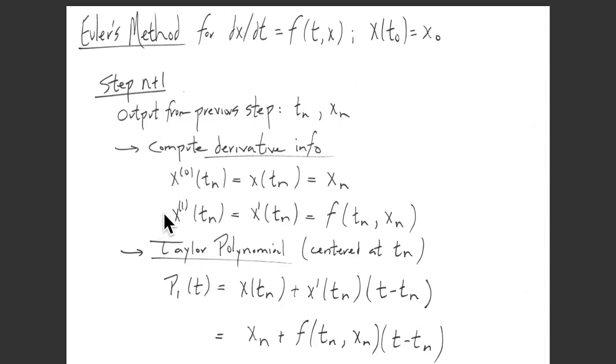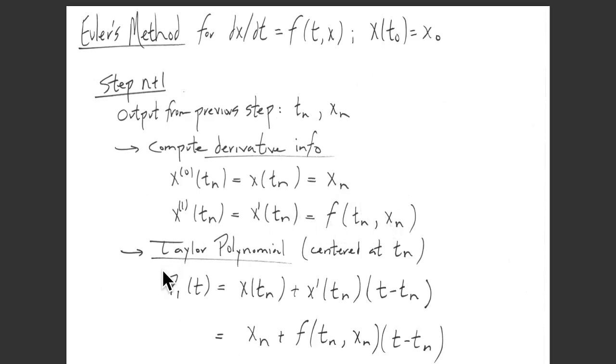The first derivative is just x prime of tn. You have to use the differential equation part of it. X prime of tn would be f evaluated when t is tn and when x is x of tn, or just xn. So x prime is going to be f of tn and xn.